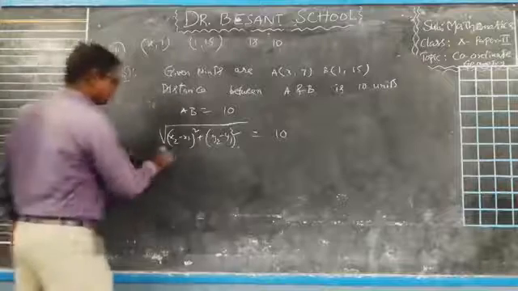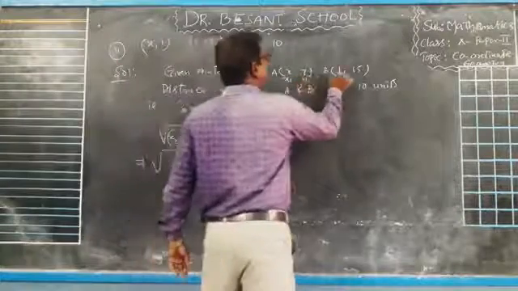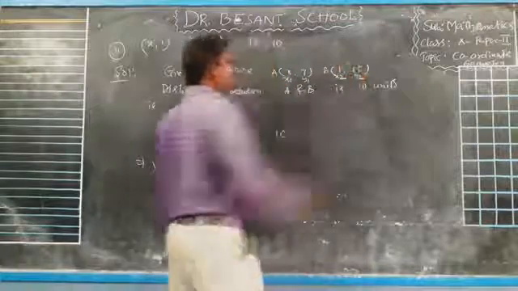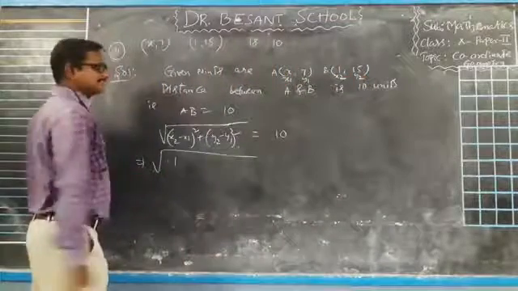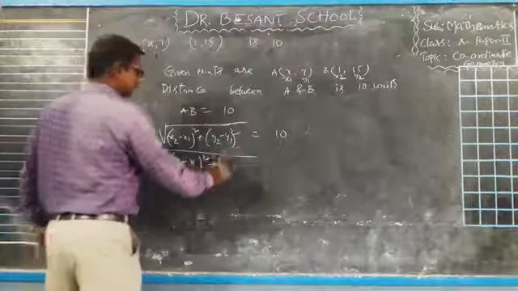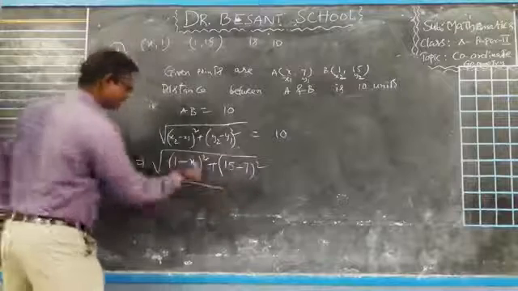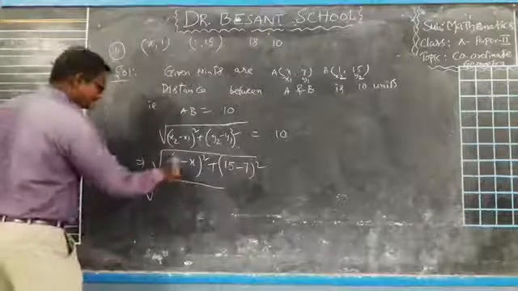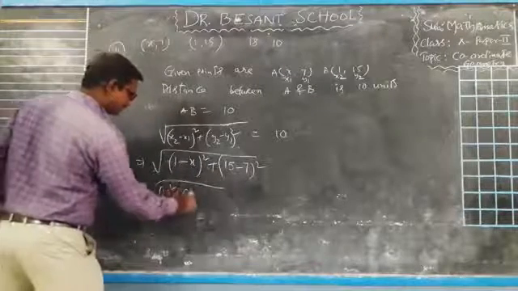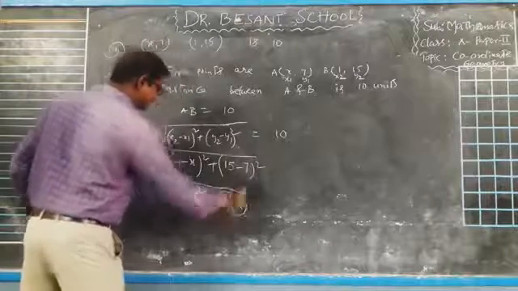Okay children, root over: x1 is x, y1 is 7, x2 is 1, y2 is 15. x2 means 1 minus x1 means x, whole square, plus y2 means 15 minus y1 means 7, whole square. So (1 minus x) whole square means a square plus b square minus 2ab, 2 into 1 into x.